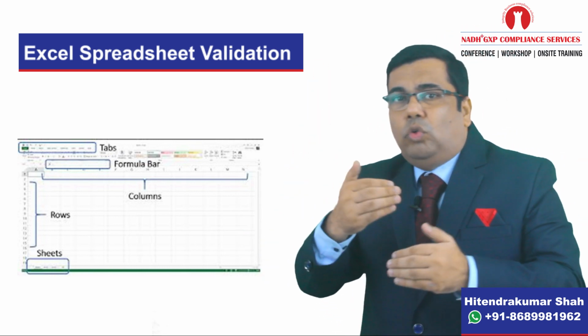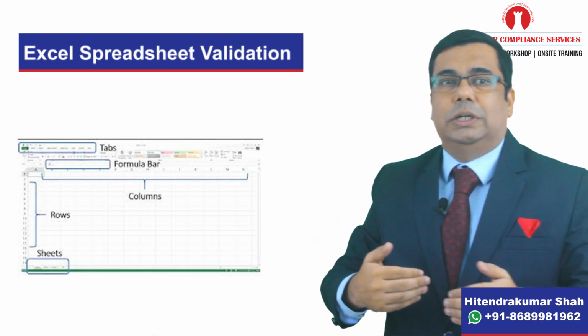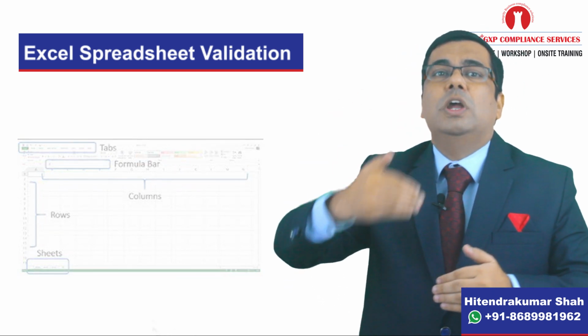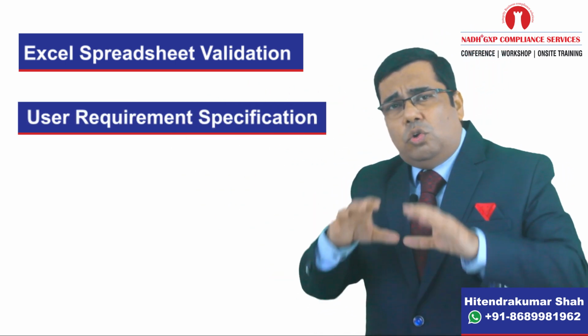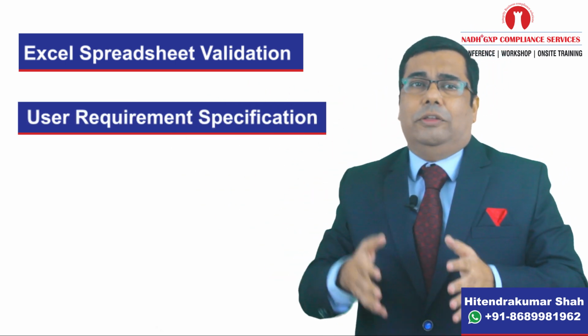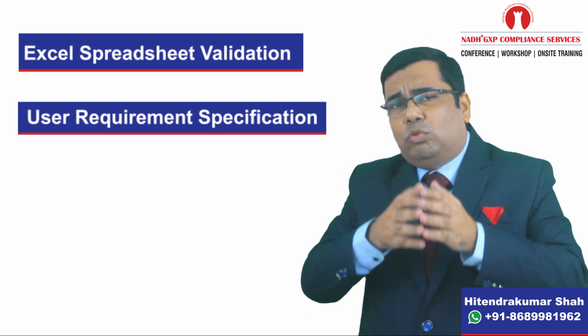Now let us focus on developing the validation, and the first step of validation is developing the URS, meaning user requirement specification. So what should it include? There are so many points.